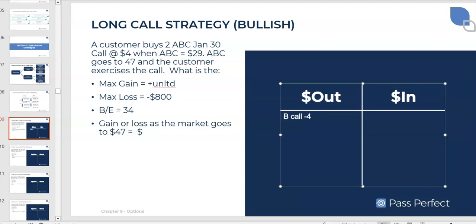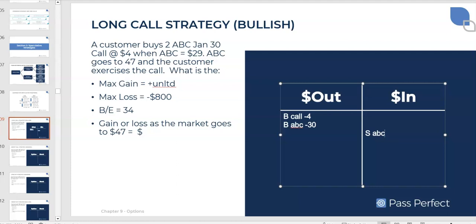So first off, we're going to exercise the call. We're going to buy ABC at $30 a share, and then we can turn around and sell ABC. Again, this is just me, but I do things line by line from top to bottom to show the order in which things took place. Textbooks don't do that.